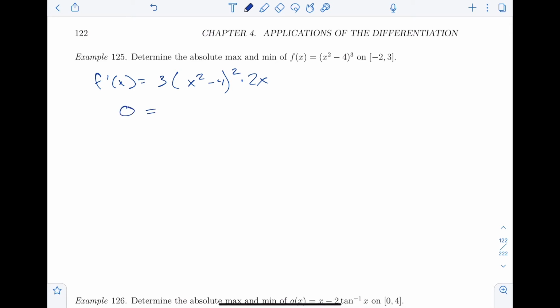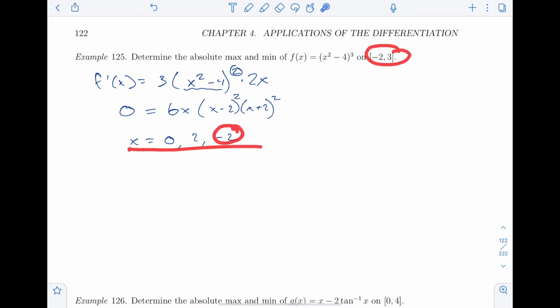So when I set it equal to 0, it's 6x times, this factors as x minus 2, x plus 2, and each of those will be squared because they inherit the square from that thing. And so my critical points are x equals 0, 2, and -2. All three of these are in this interval.